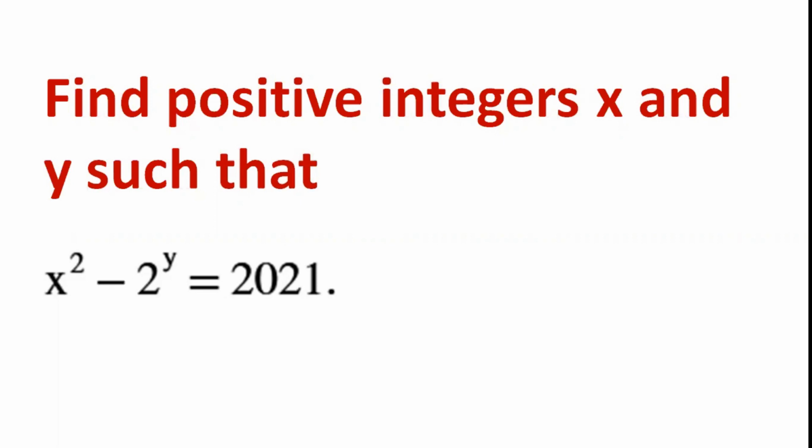Find positive integers x and y such that x squared minus 2 to the power of y equals 2021.